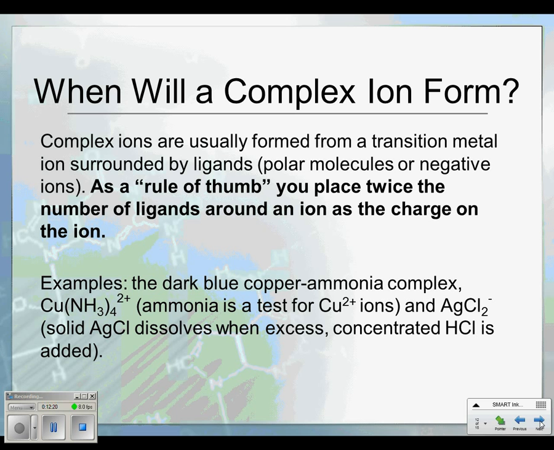So with our copper, in this example here, your copper ammonia complex, you've got your copper, that's 2+. And then you've got ammonia, and you've got 4 of them, so you've got tetraamine. So 4 of them, which is signifying your 2 times the number of the charge of copper.